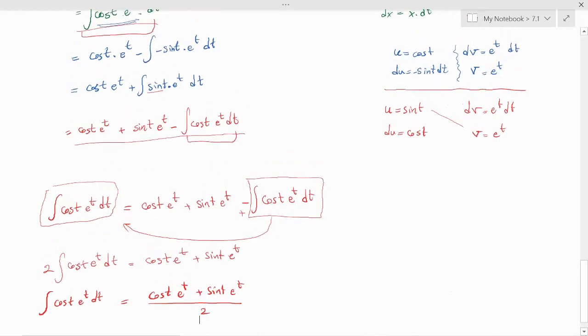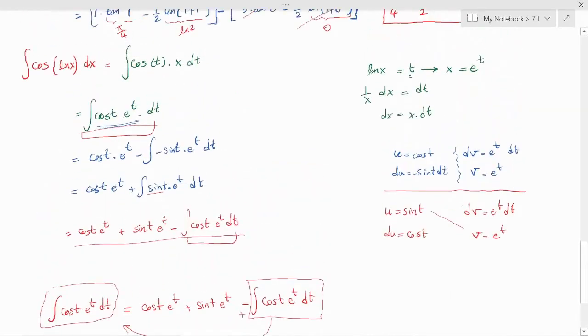This is a common technique when you're dealing with a product of a trigonometric function and the exponential. Normally, after you do the integration by parts twice, you will end up with the same term. So if you're dealing with a product of a polynomial and a trigonometric or exponential function, pick the polynomial to be u.